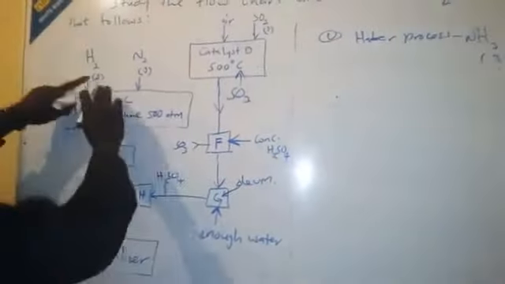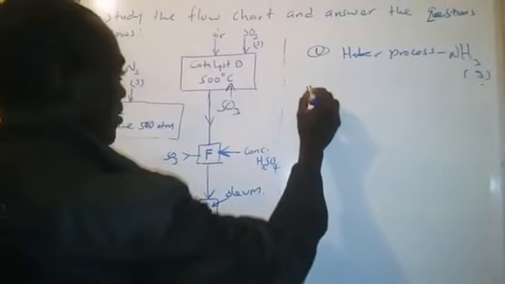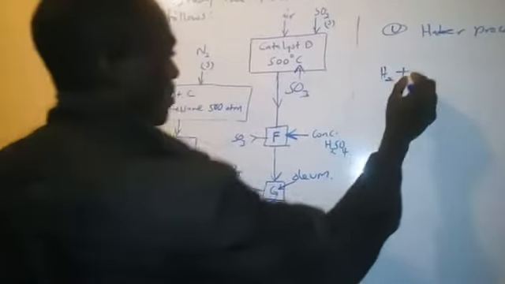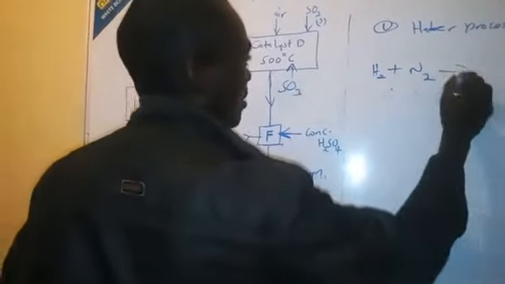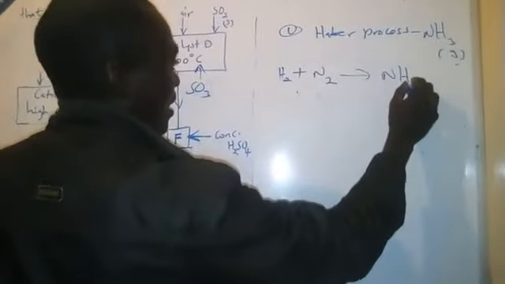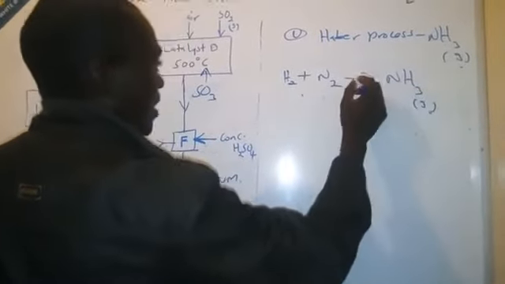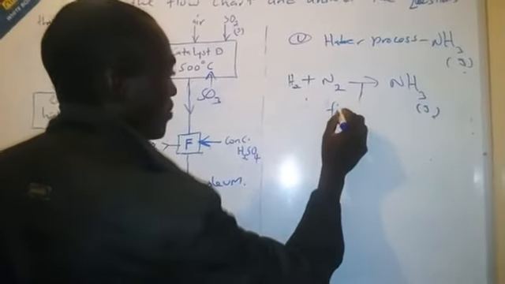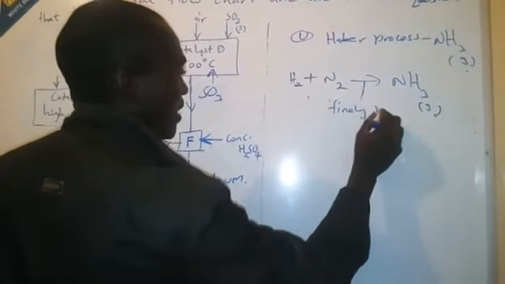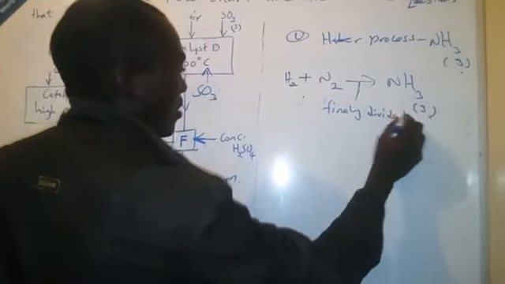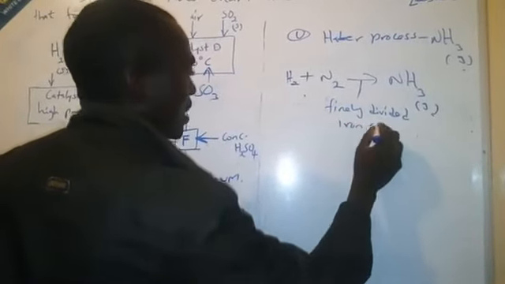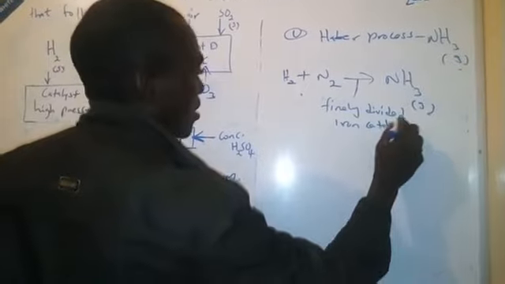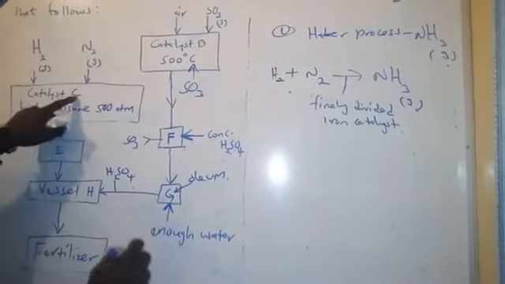In the Haber process, two things are being reacted, that is hydrogen gas is being reacted with nitrogen gas, so we end up forming ammonia gas. In the presence of a catalyst here, that catalyst is normally said to be finely divided iron catalyst. So that is our catalyst, as they have named it, catalyst C.